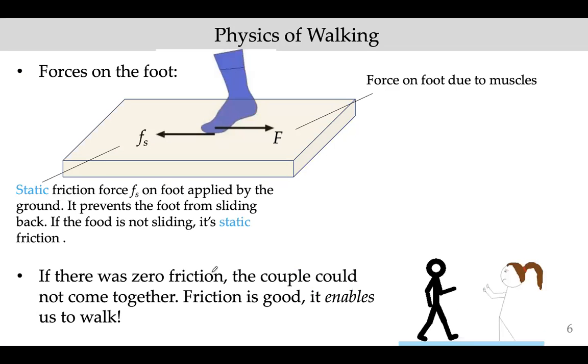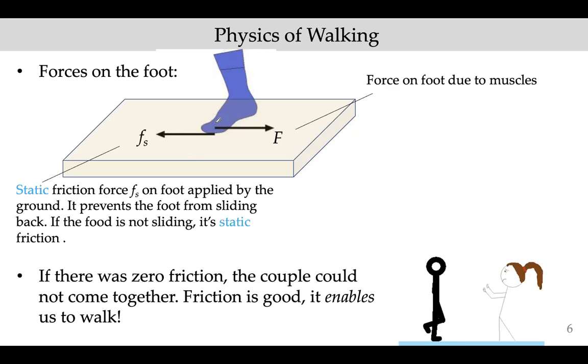Okay, so what enables us to walk is actually the friction force. Friction force is good. If there was no friction, we wouldn't be able to walk. So let's look at the forces on the foot. Let's say this is your foot. What forces are there?